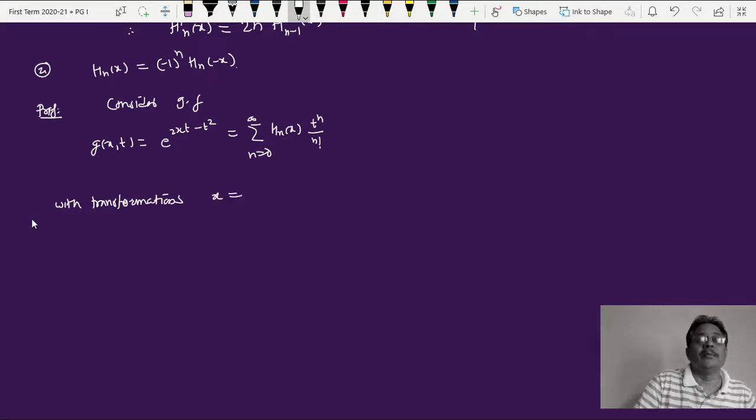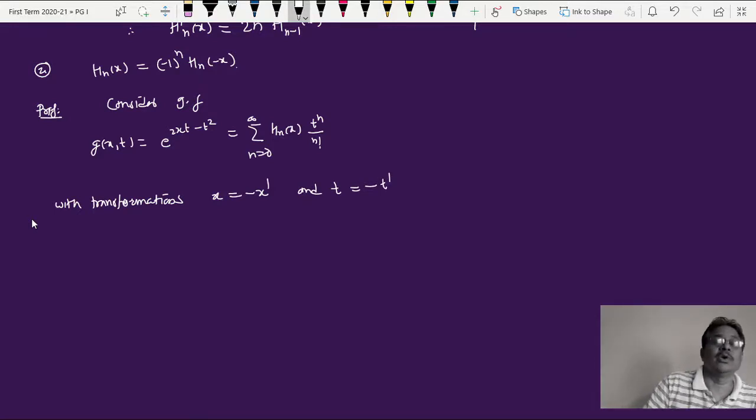Replace x by minus x prime and small t by minus t prime. Then see what will happen to our equation.